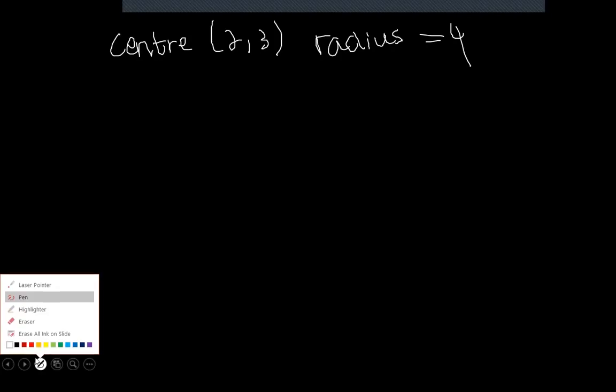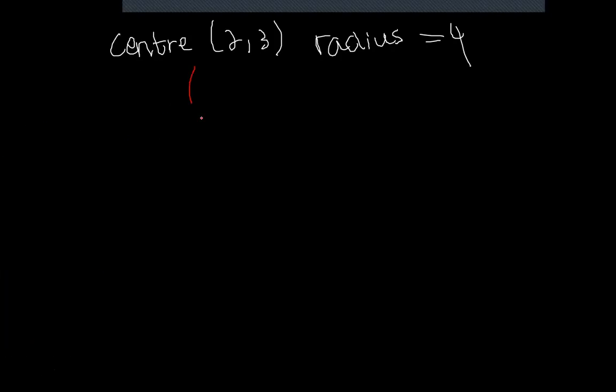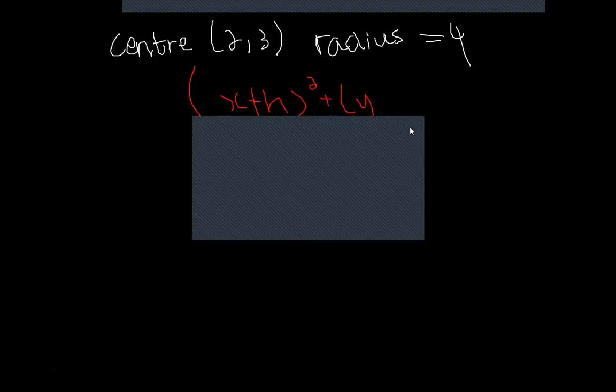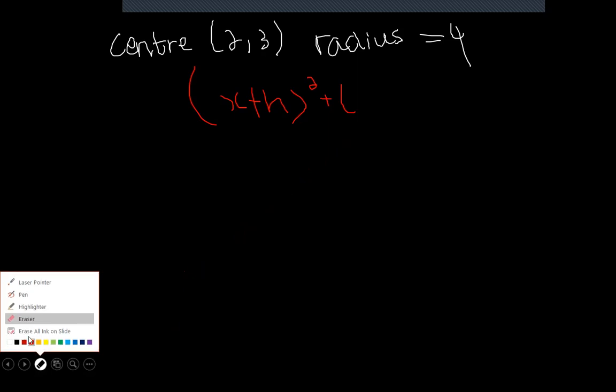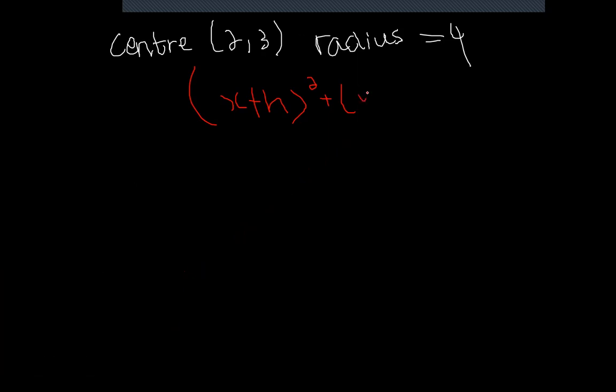And they want me to write it in the standard form. Standard form is x plus h squared plus y plus k squared is equal to r squared.